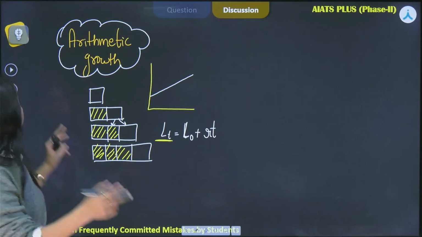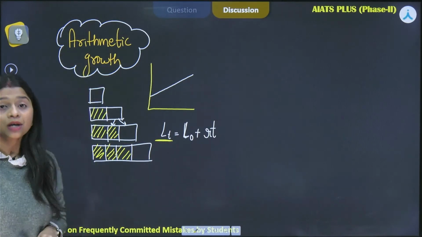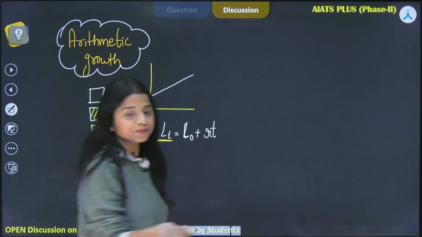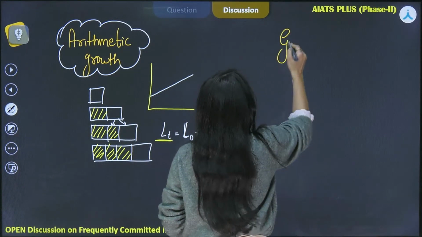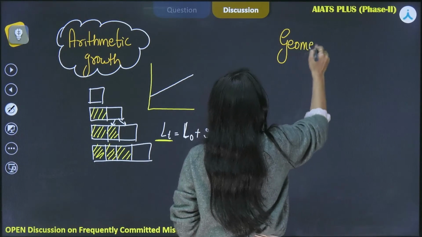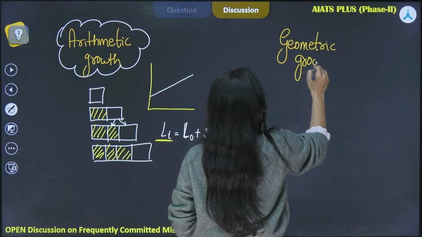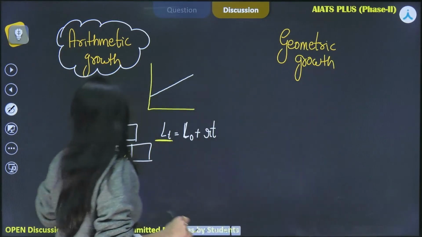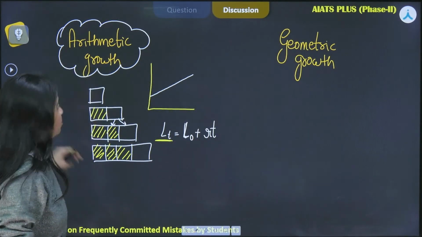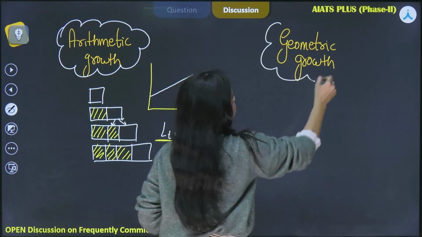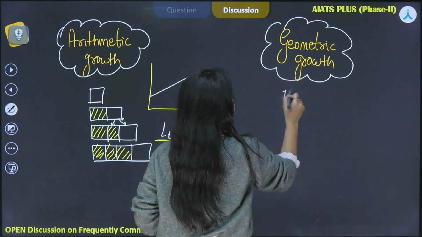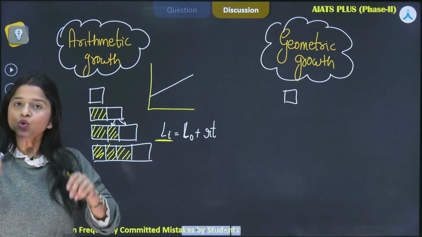Now how do we compare it with geometric growth? What is the difference? So we have the other growth pattern, that is geometric growth. What exactly happens in case of geometric growth? Here we will observe that if there is one cell, it will divide into two daughter cells.